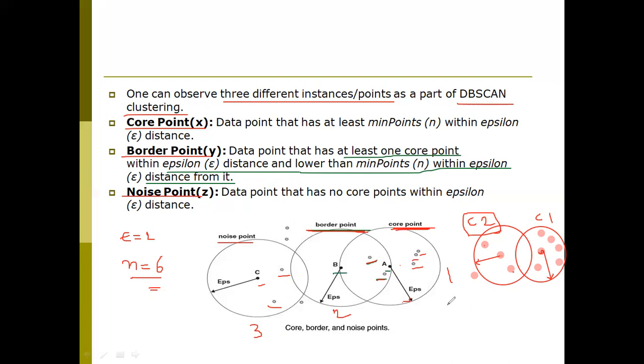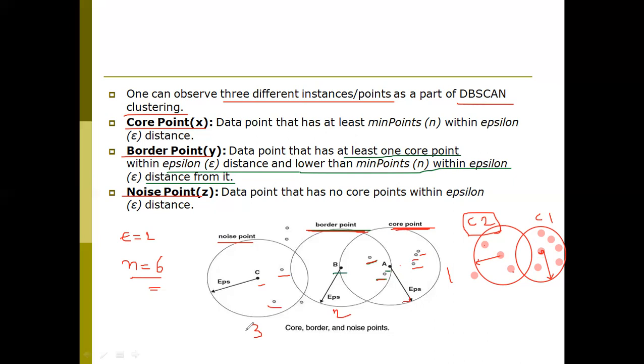This is about the 3 different clusters within DBSCAN. One is the core cluster, the second one is the border cluster, the third one is the noise cluster. Core cluster means, if the cluster satisfies the minimum data points, then that cluster is called a core cluster.